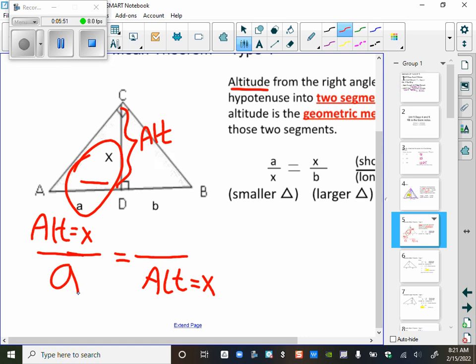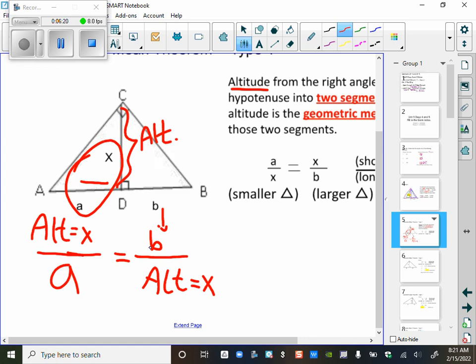Here's your first ratio. Boom. The altitude over the x, altitude over the a, I'm sorry. But you kind of see it right here. There's your fraction bar. Boom. And then, this value b, you're just going to drop it right there.